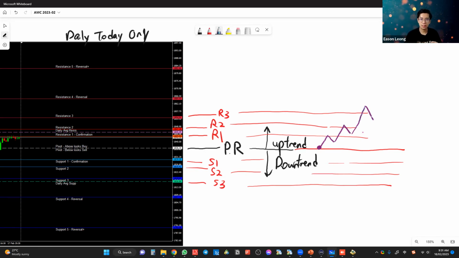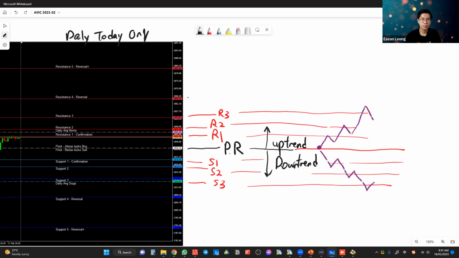But that also means that every single time it touches R1, R2, or R3, there is a chance that it will continue to go up higher and higher. The opposite will be something like this: come down, pull back here, come down, pull back here. It's like a rubber band. Pull it a bit, then it bounces off more and further.